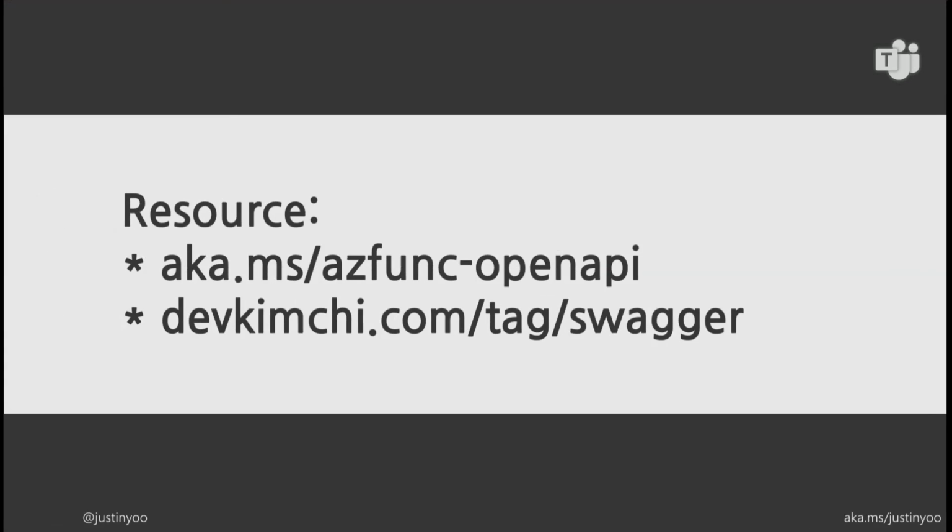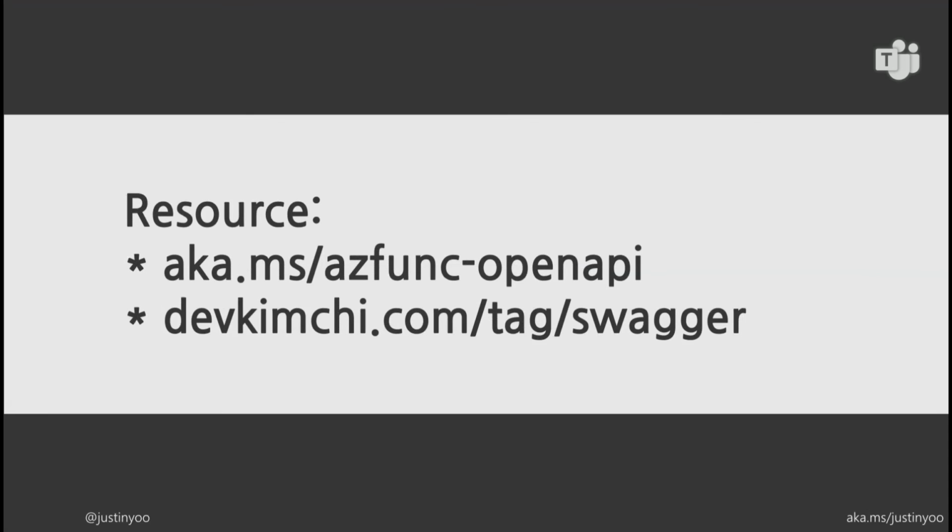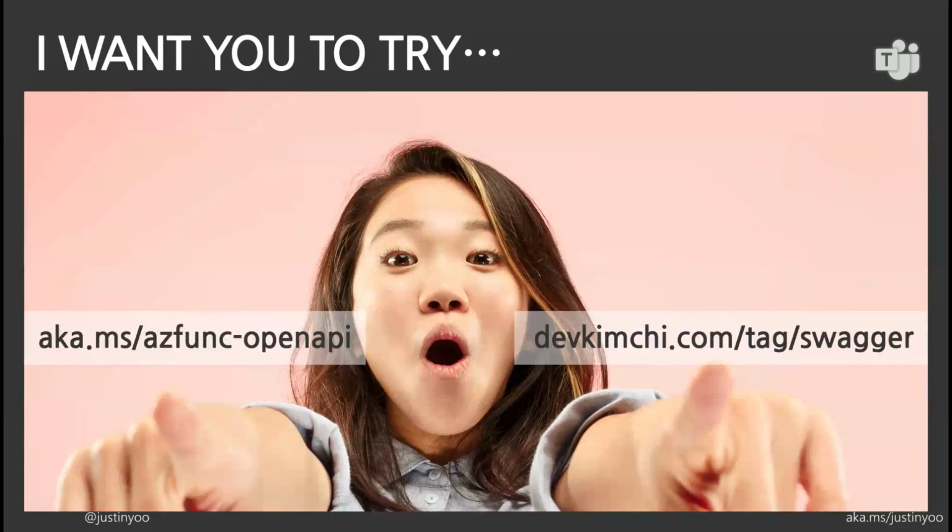So when we see those things, right? This OpenAPI extension is making your Azure Functions more extendable and discoverable. As I said, there are 2 links you are going to see, and I want you to try these 2 links. Have a look at these documents and my blog post, and you will be able to run your Azure Function with this extension.